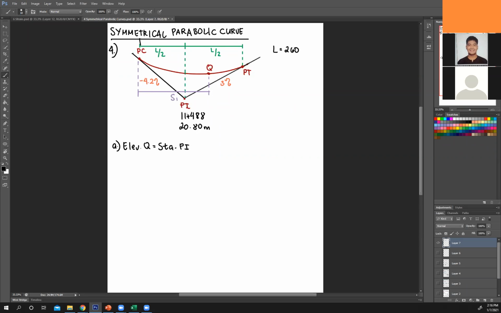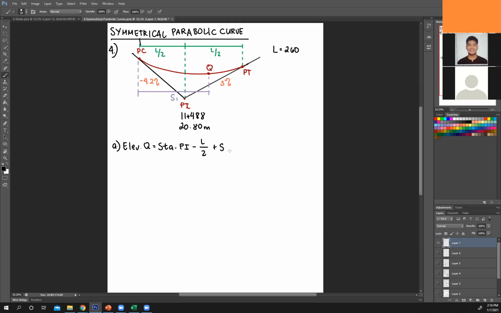If I subtract from that your L over 2, I go back to station PC. And then if I add S1, I get station Q. So again, from PI, subtracting your L over 2, you get station PC. Then adding S1, you get station Q.